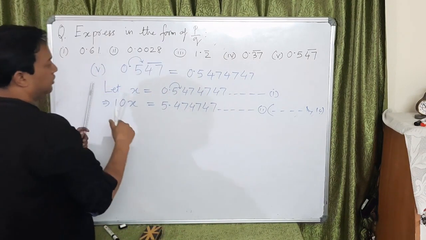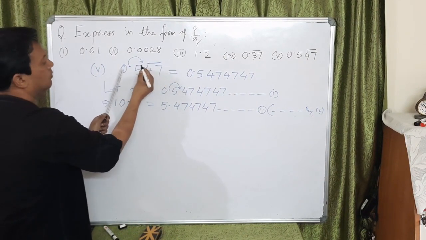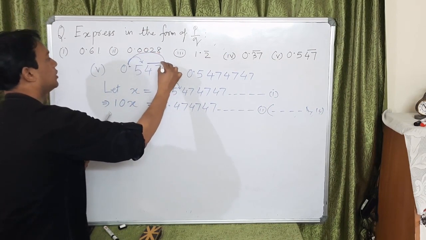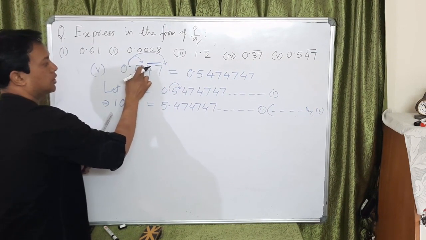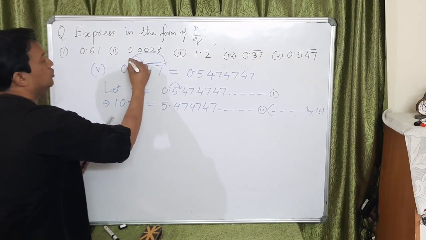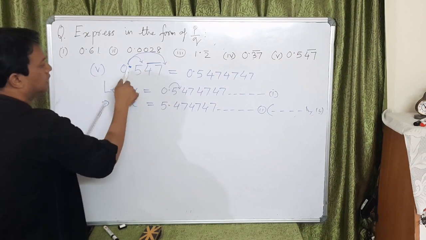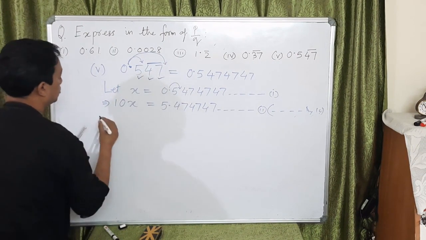First step, remember, is to bring the decimal before the bar number. Then in the next step, we make another equation, where the decimal should go after the bar number. Now the decimal is before the bar number, and we need to shift it till after the first repeating block. How many places? Count: 1, 2, 3 places. 3 places means 1000.